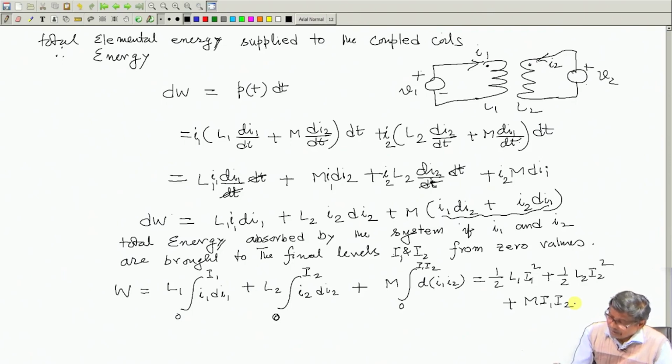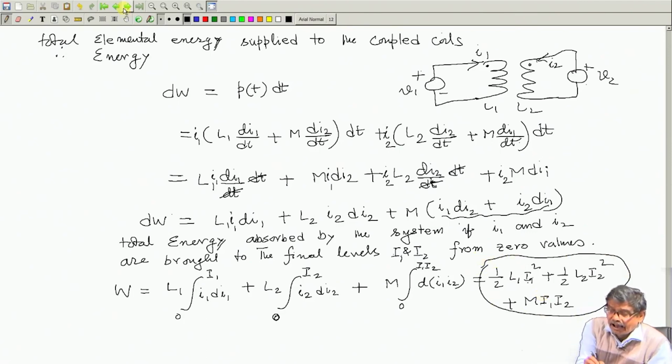In other words, after getting this, if at any instant of time I know the value of I1, I2, that may be time varying, at any instant of time, then energy stored in the inductor is half L1 I1 square, second inductor will store energy half L2 I2 square, and then the energy stored because of that mutual coupling is M I1 I2, all these three will go.